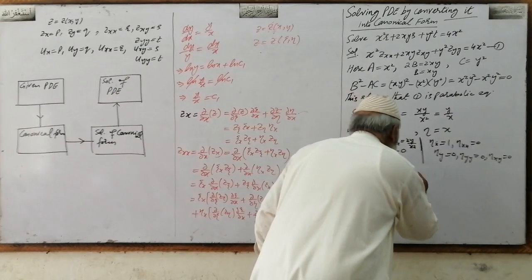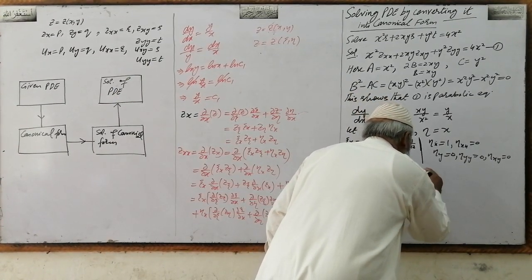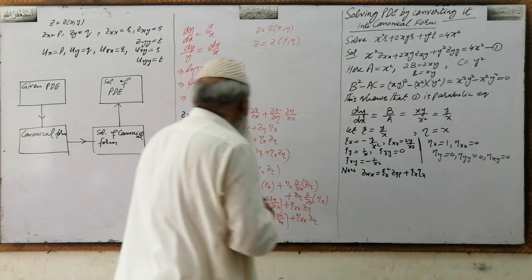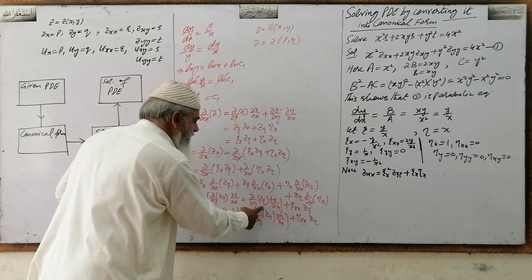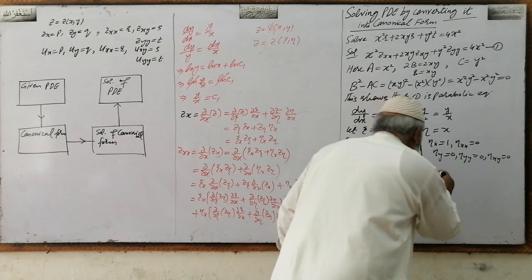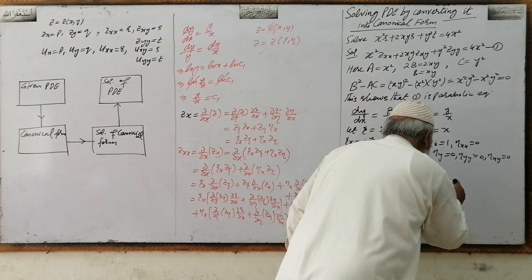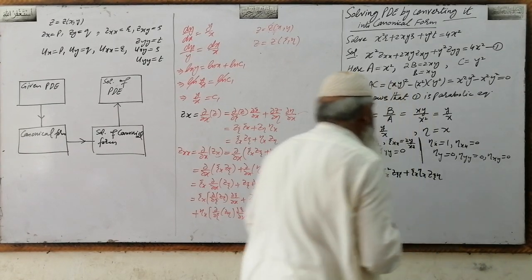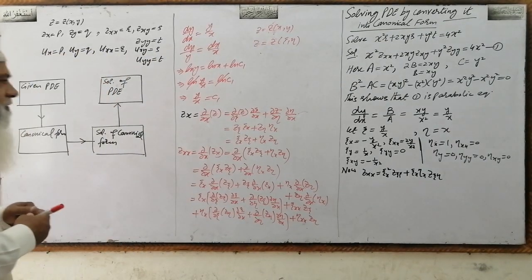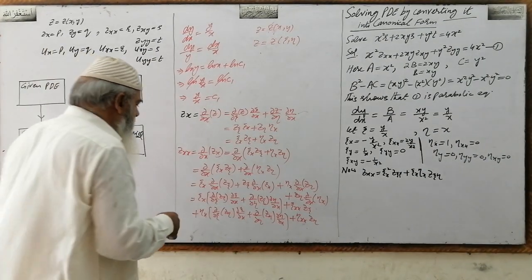This will become plus xi x eta x, xi x into eta x, and this will become z xi eta. And one term we will once again have from here.